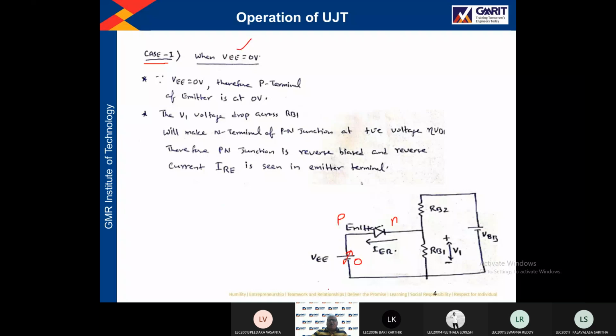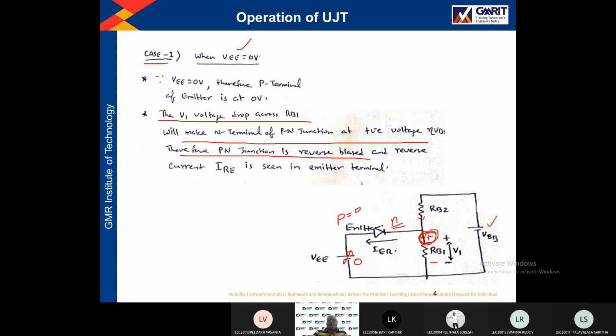So VE is 0, so the P terminal is connected to 0. Now VBB is applied, so across RB1 you will find a drop because current is flowing this way. So you will get a drop where this side is positive and this side is negative. The N material is connected to the positive terminal, positive voltage across RB1. So the V1 voltage drop across RB1 will make the N terminal of the PN junction positive.